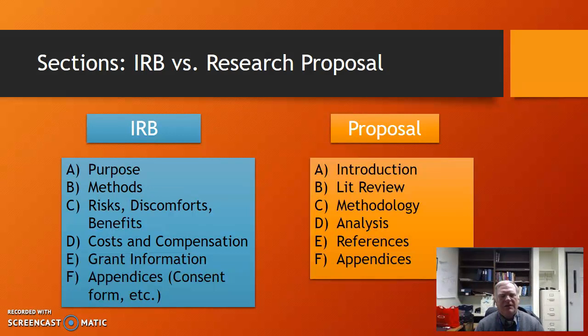And so it talks about the purpose, the methods, the risks, discomforts, and benefits, the costs and compensation, the grant information, and asks you to list some appendices like the consent form and a list of potential questions and possible permission that you may need from organizations like schools. The proposal has an introduction and a literature review and a methodology and analysis section, and then references and appendices.